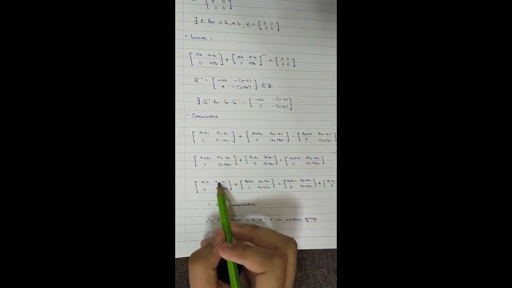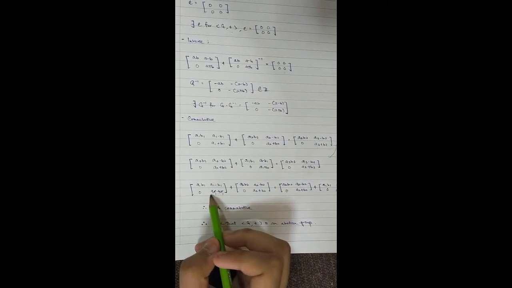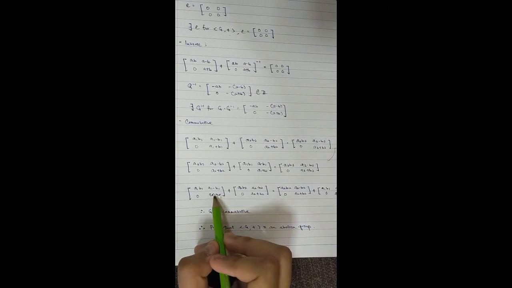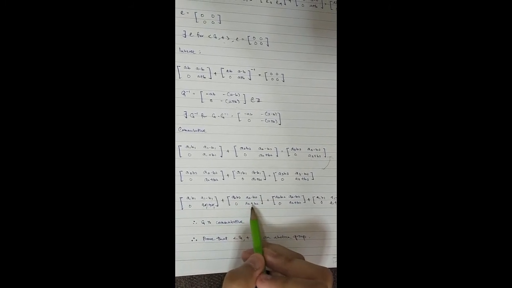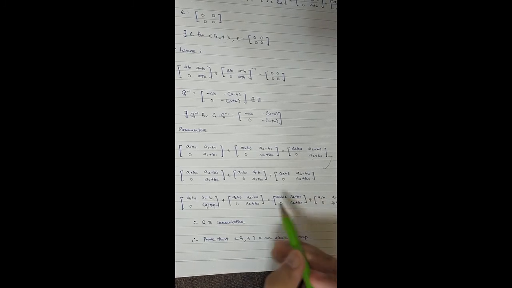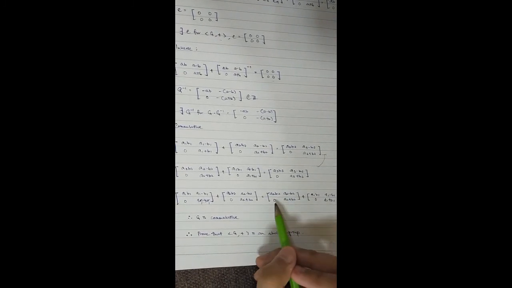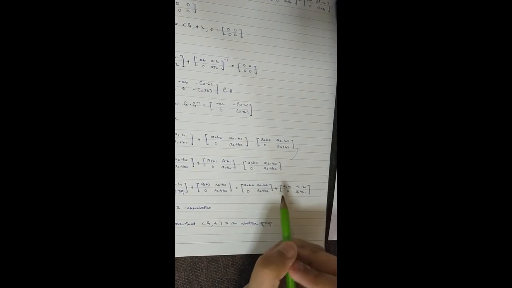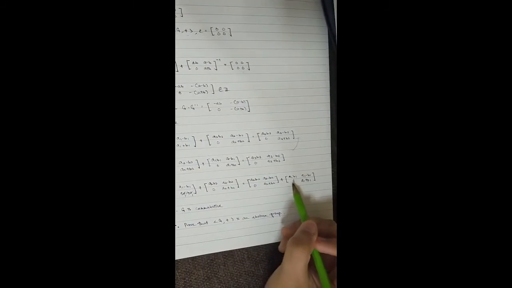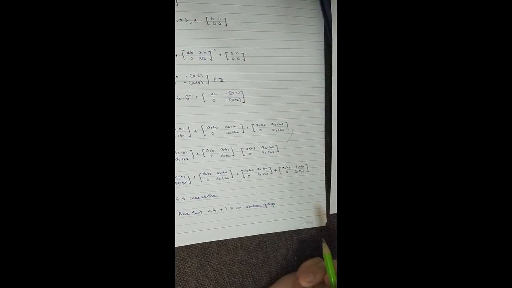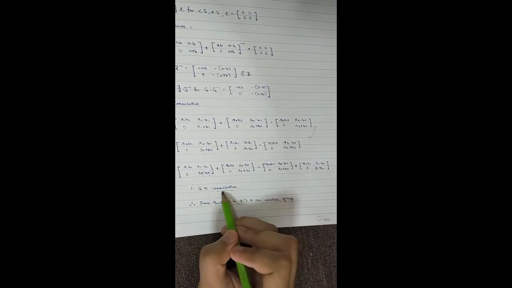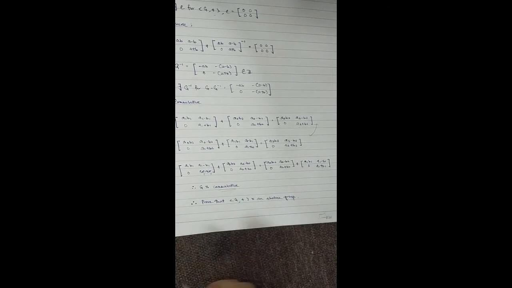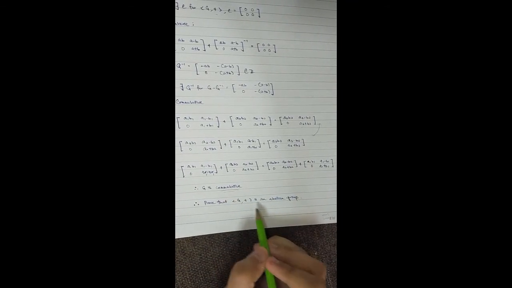We can conclude that G is also commutative. So we can prove that G under addition is an abelian group.